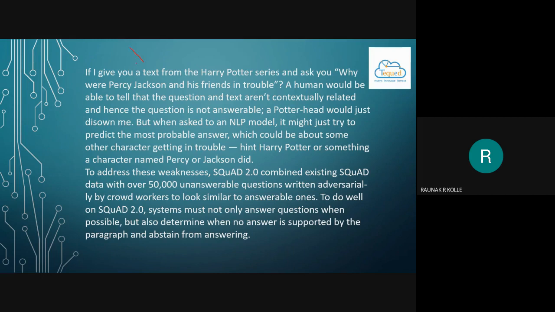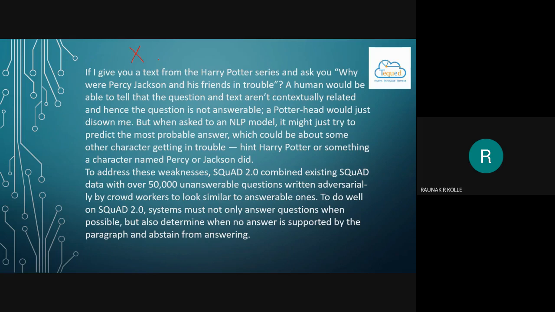Character X. Now, if character X gets into trouble in the series Harry Potter, and we ask the question, why did character X get into trouble in Percy Jackson? The NLP model matches the most, that is, character X getting into trouble, and shows the result of character X being in trouble in the Harry Potter series rather than the Percy Jackson series.